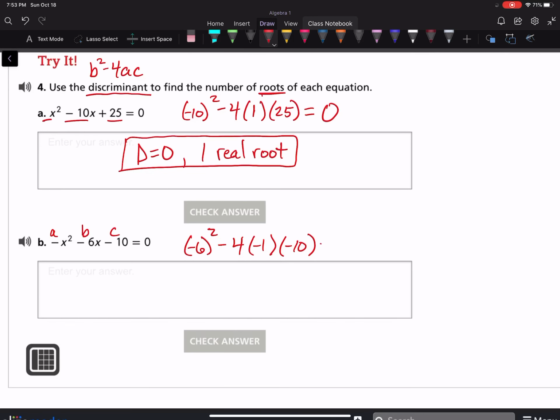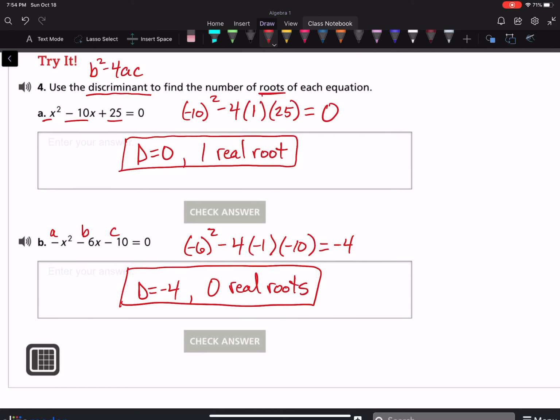Okay, we plug that in our calculator and we get negative 6 squared minus 4 times negative 1 times negative 10. Boom. I get negative 4. So my discriminant is negative 4, which means I have 0 real roots. Okay.